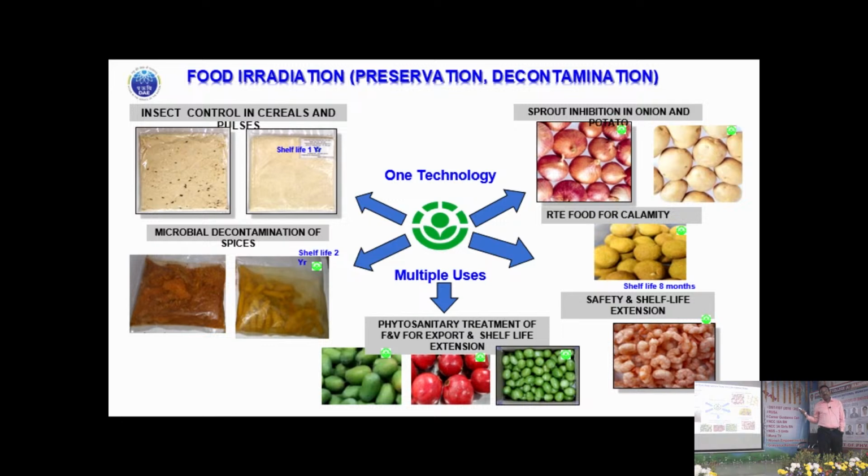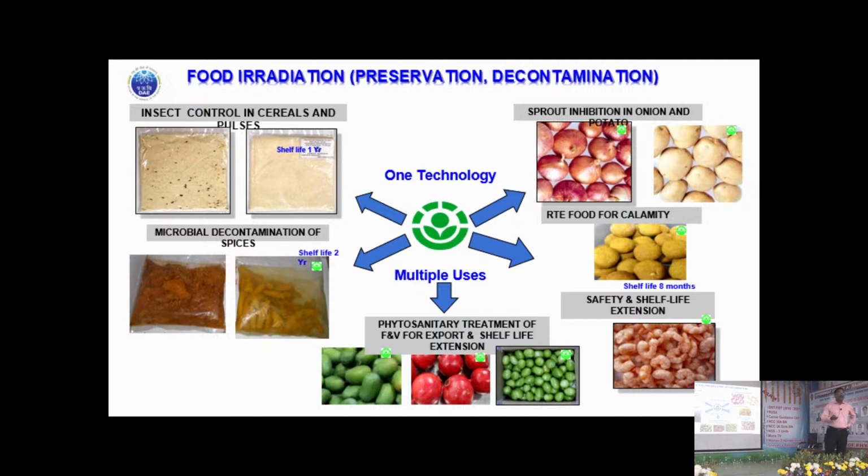Whereas if you irradiate it with a minimum dose, we can increase the shelf life of these things by 6 months. We have proved it with the Ministry of Food Processing, MOFP, in Nasik recently, and 3,500 tons of onion was irradiated, and we showed the farmers that this can be done, and we have to have a humidifying facility so that the weight loss is not there. So these are all proven techniques.